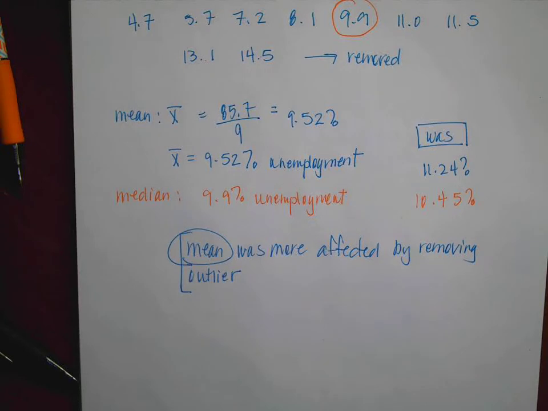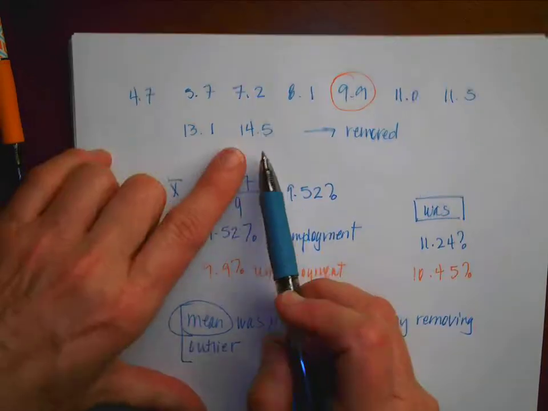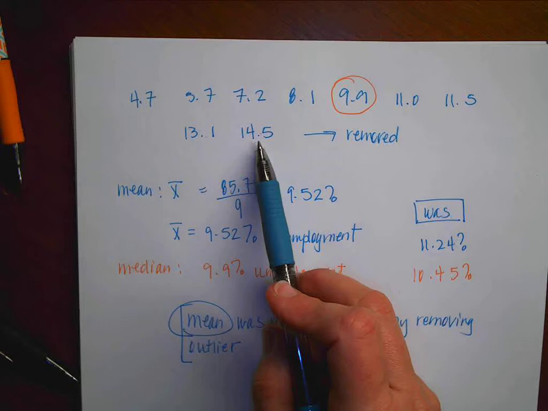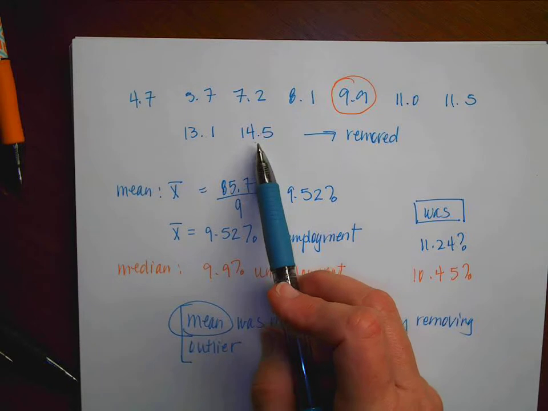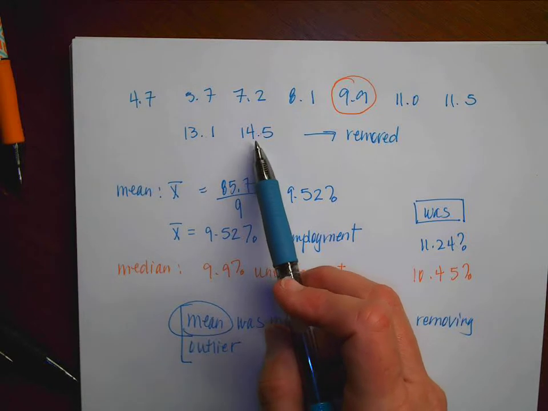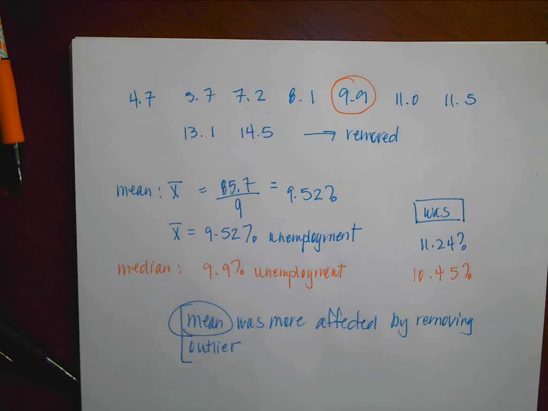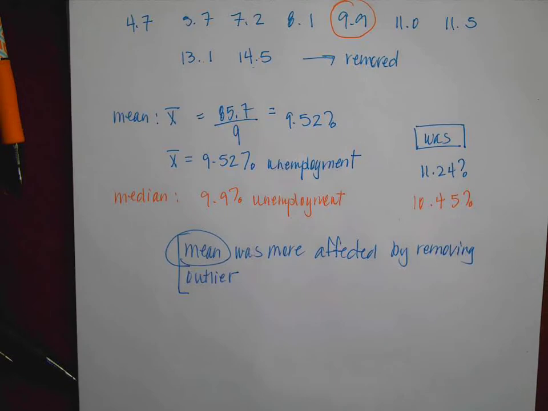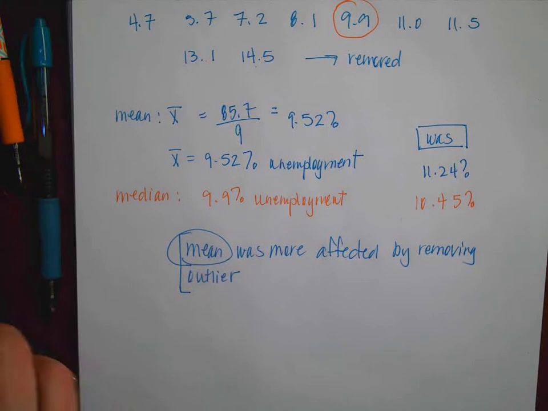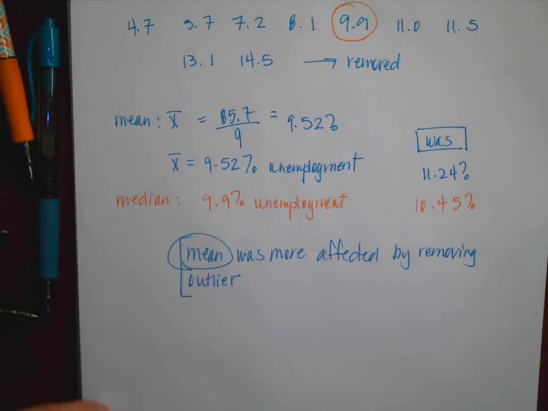The mean is always going to be more affected by taking away an outlier. And so maybe if we looked at our data originally, and we had that 26.7% of unemployment, that's a huge number, right? That means more than a quarter of the population is unemployed, okay? Alrighty, so just to note that important fact that the mean is more affected by the outlier.